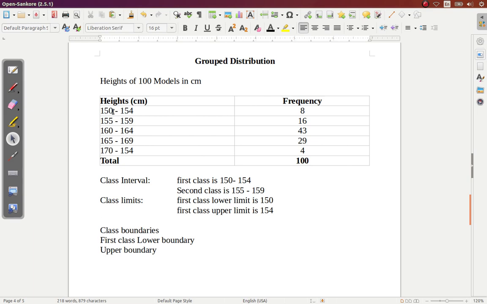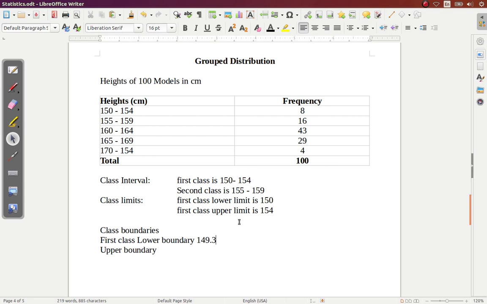If you were measuring these persons and you had a measurement of 154.3, would you include that measurement? Not 154.3. I'm looking at the first class, 149.3.